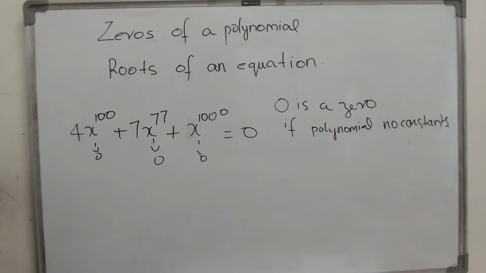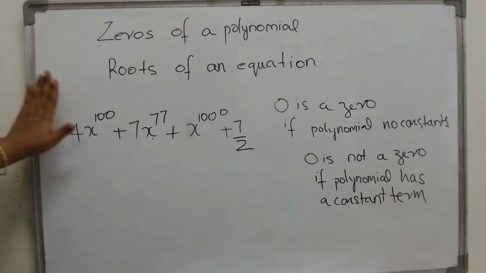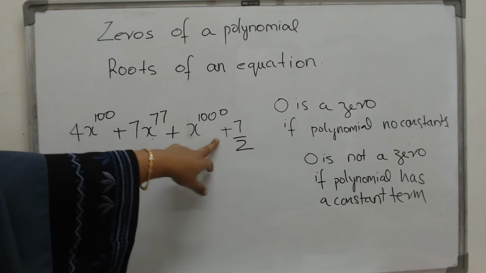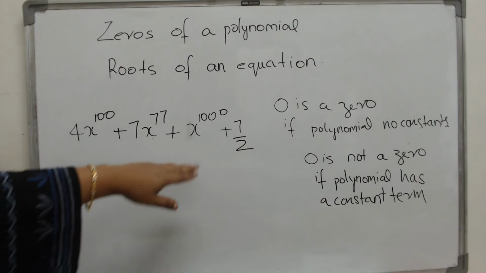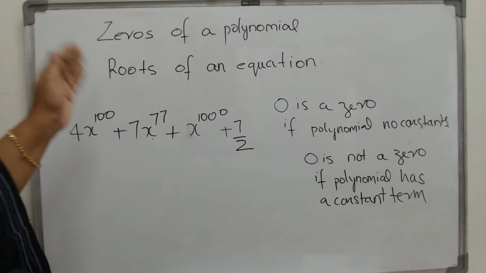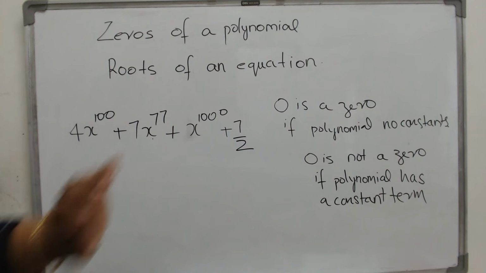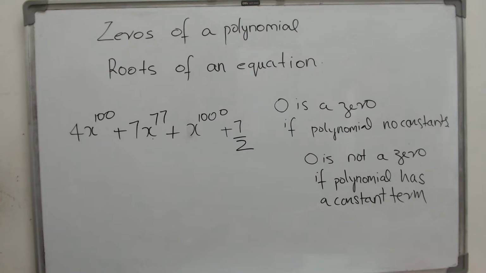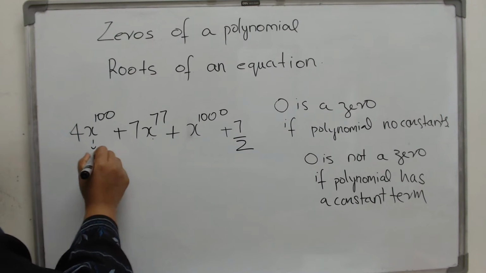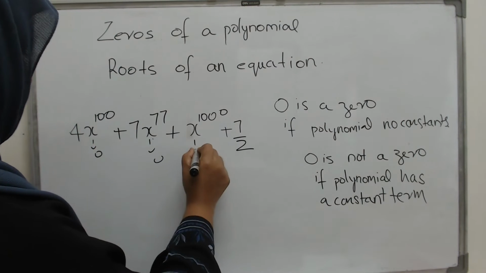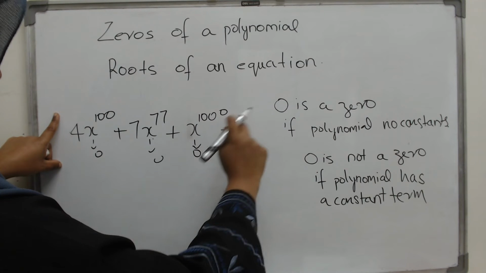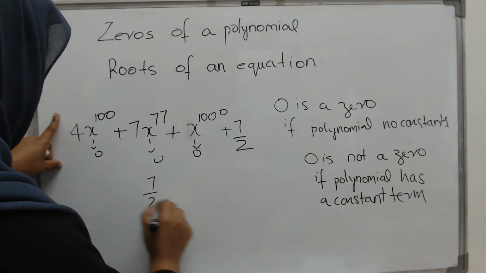Now, what if it has a constant? Now look at this polynomial. It is the same polynomial, but I have just added a constant term to it. I have just added a 7 by 2, but the degree remains same. The degree is still 1000. Now, if it has a constant, then 0 can never be a zero. Just check it out yourself. Put a 0 here, a 0 here, a 0 here, and see what you will get. 0 plus 0 plus 0 plus 7 by 2 is 7 by 2.